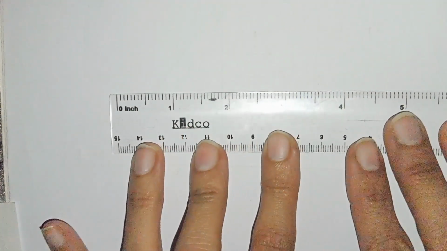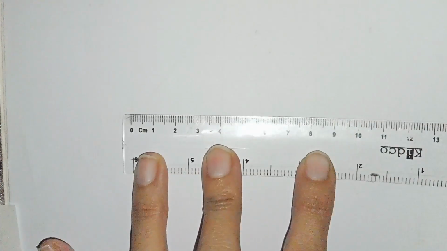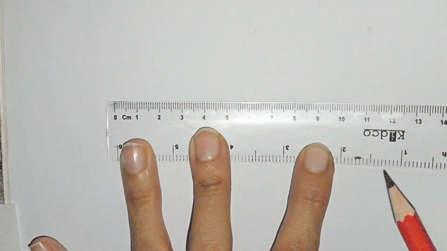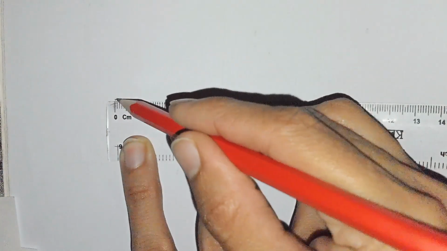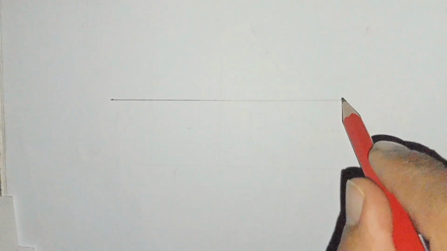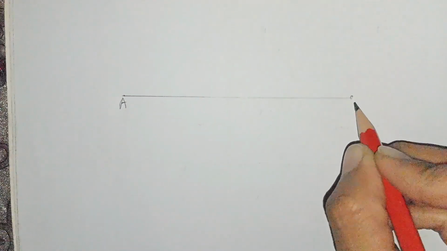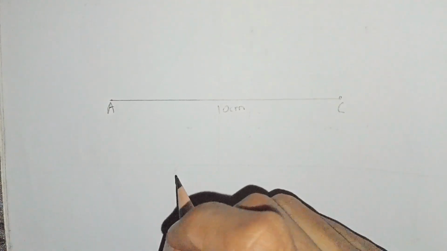Now students, draw the line of diameter 10 centimeters. Yes, this is 10 centimeters. This is the diameter of the circle. First we have to draw it, and it is AC, 10 centimeters.